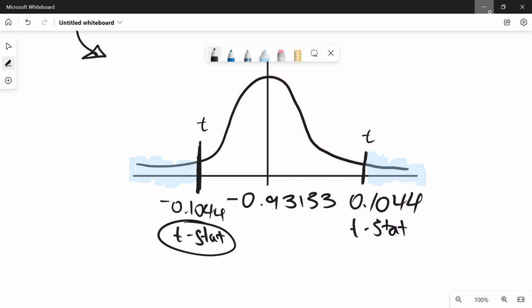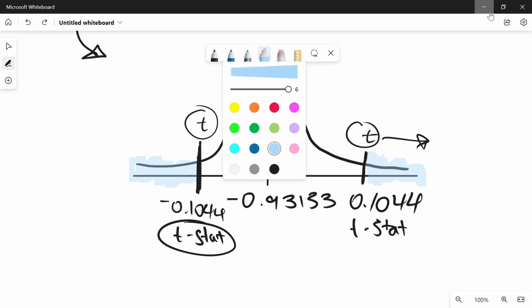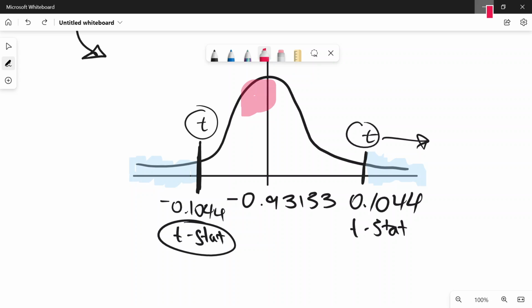And it also happens at this exact point, besides the negative, right? So we want to know the probability of it happening at this exact point and then larger. So that includes this area over here and this area over here, right? And then this area in the middle is the probability of that test statistic never happening, or appearing in that sample. So we want that test statistic.